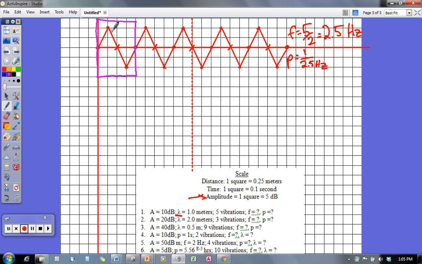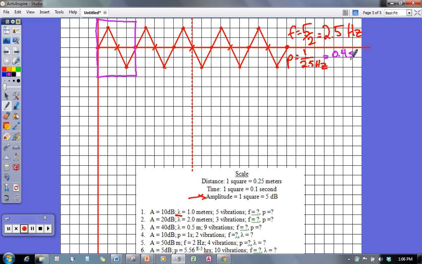One crest, one trough. So how many seconds is that? It's 0.4 seconds, because if there's 10 squares per second, it goes to 0.4 seconds. If you put 1 divided by 2.5, what do you get?